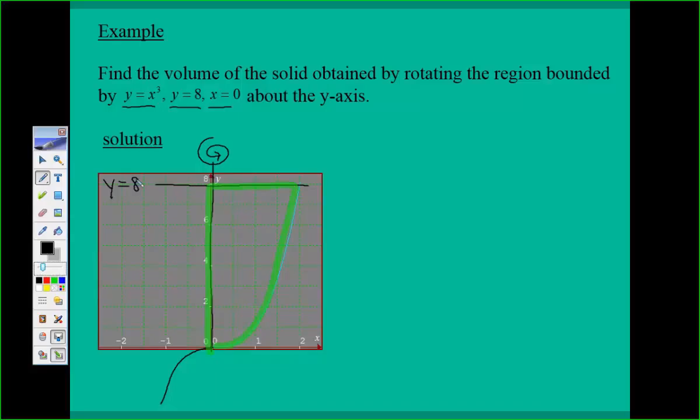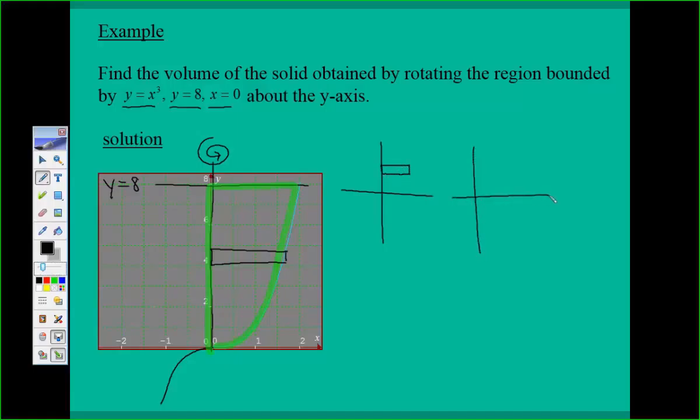This time our rectangles, I'm going to draw a representative rectangle, would look like this. Our rectangles must be perpendicular to the axis of rotation. What I mean by that, if we're rotating around the y-axis, this is perpendicular to the y-axis.